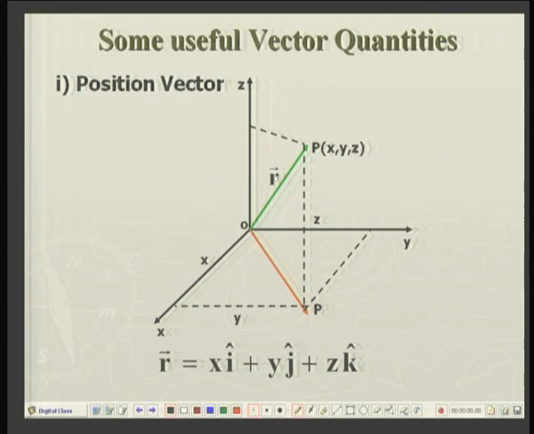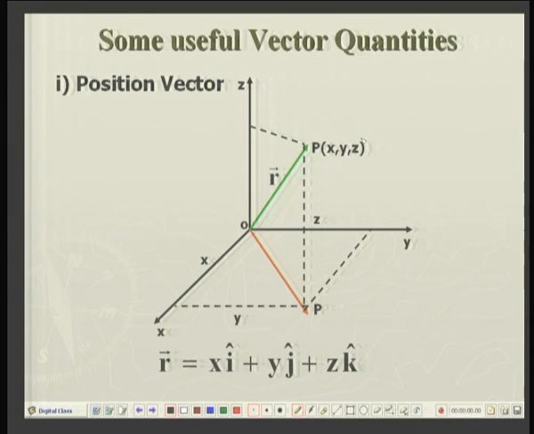Now, we come to some useful vector quantities which will be encountered time and again during this course. These quantities are first of all the position vector. Suppose there is a point P in the 3-dimensional Euclidean space whose coordinates are x, y, z.